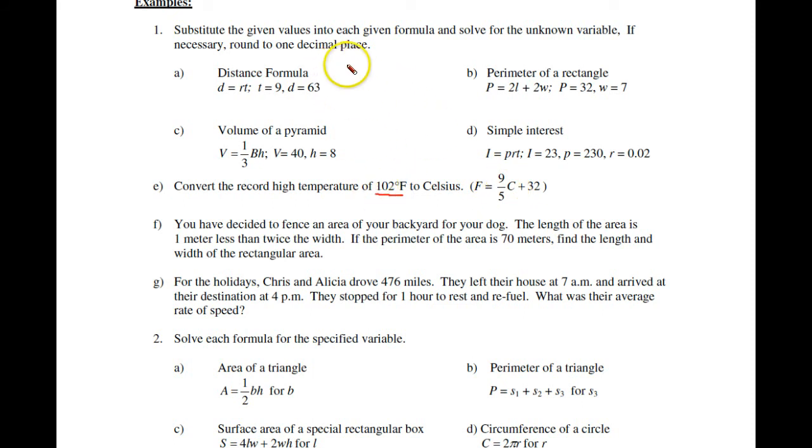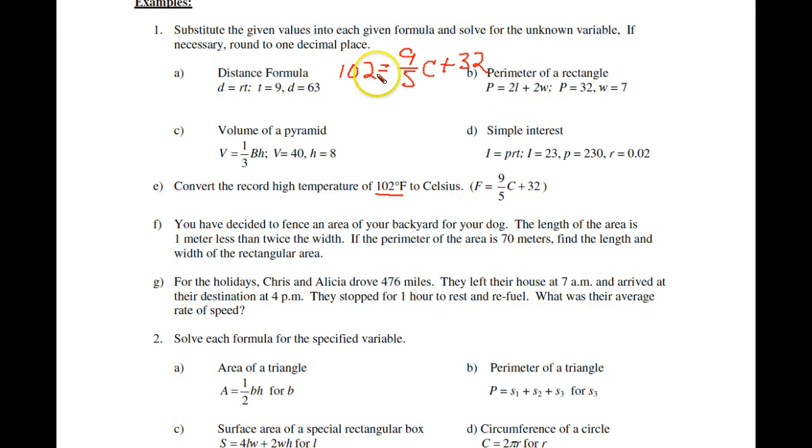So here we have the Fahrenheit of 102 equals 9/5 C plus 32. So we're just substituting our Fahrenheit temperature for F. Now if they gave us Celsius, we'd use the same formula, put the Celsius there, and we'd get Fahrenheit. But we're working the other way.